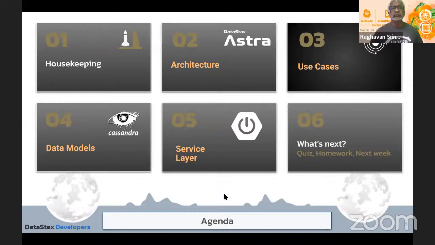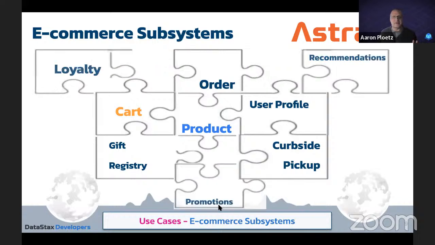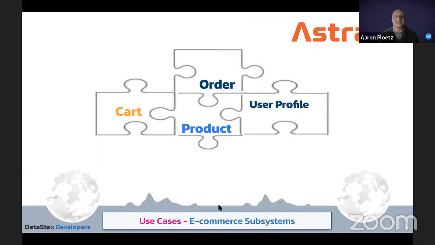All right, so now looking at our particular use case, I look at building an e-commerce website like putting a puzzle together. There are so many pieces that go into it, but when you think about it, there are a few core pieces that every site should have.